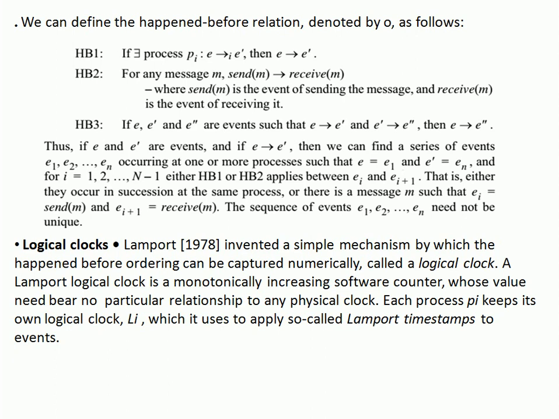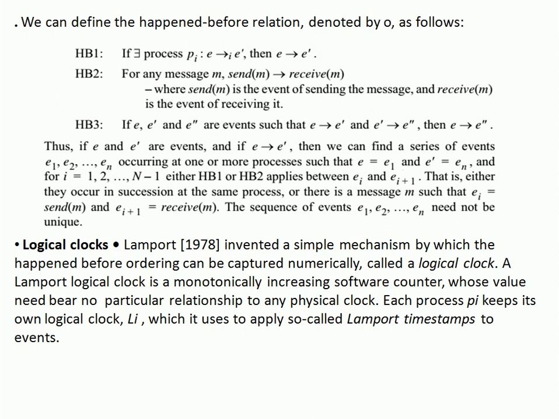Happened-before 3 rule: if E, E dash, E double dash are three events occurring either in a single process or in different processes, and E happened before E dash and E dash happened before E double dash, then obviously E happened before E double dash.